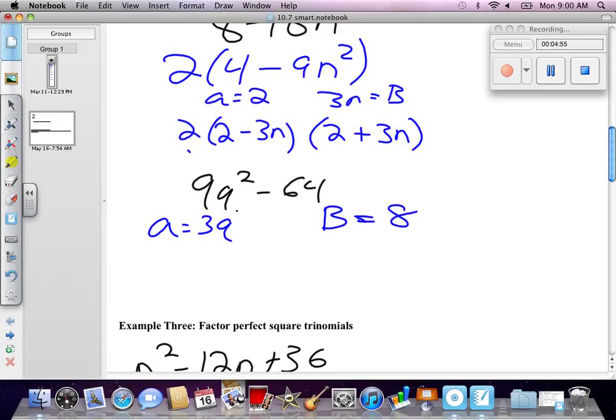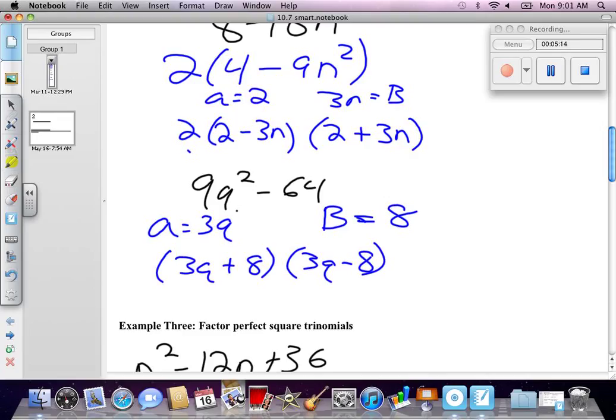Then we just have 3q plus 8 times 3q minus 8. So that is all factoring using the difference of two squares.